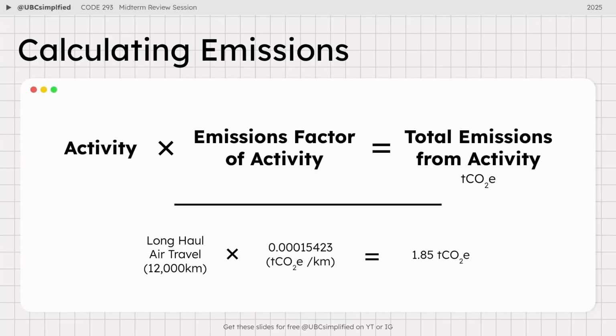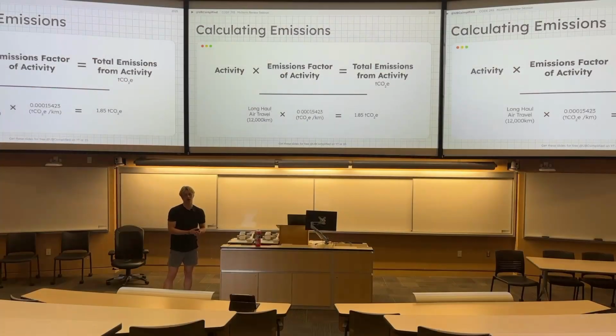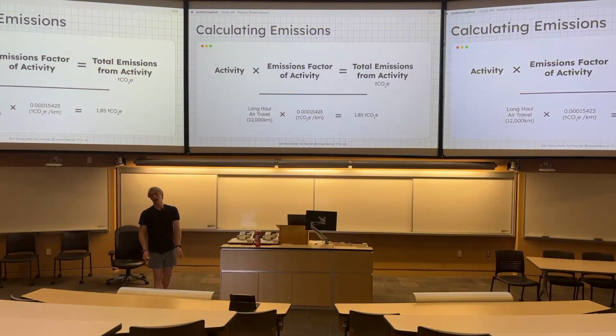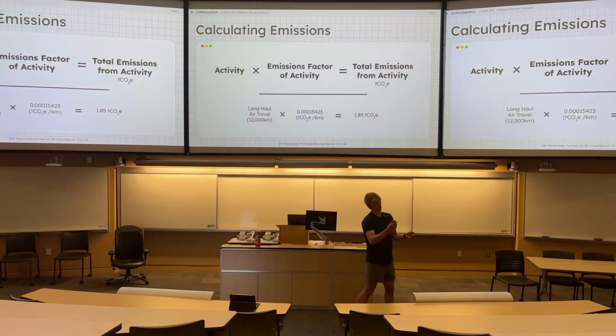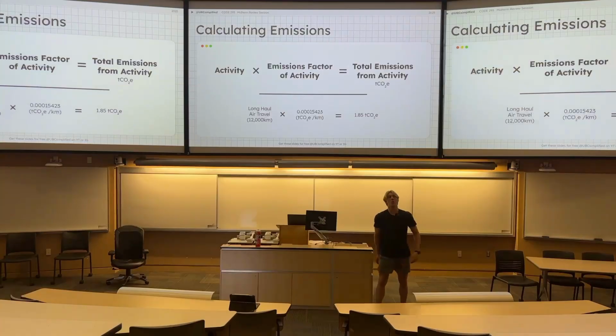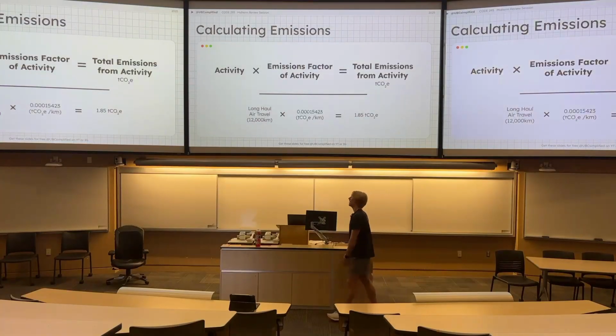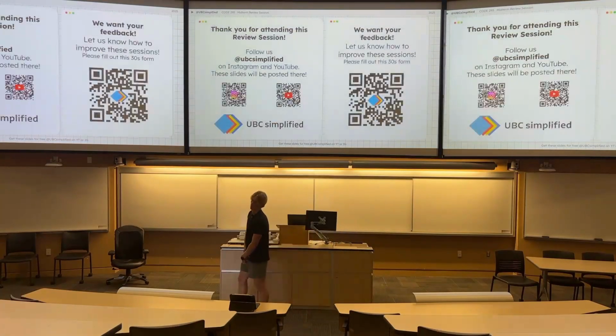So it could either be in, just give you straight up the kind of greenhouse gas emission equivalent, or it could be in dollars, and then you're going to times that by this emission factor, which is basically like, okay, per kilometer of air travel, what is the total emission, and you just multiply that by the coefficient, and that's going to equal your total emissions from activity. And that's pretty much all carbon accounting is, just multiplying those two coefficients and then keeping in mind what the different scopes are. And that is everything that we've covered so far.